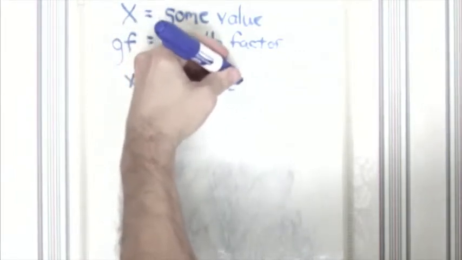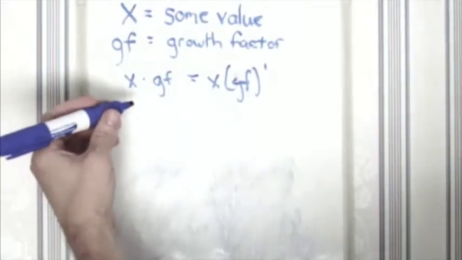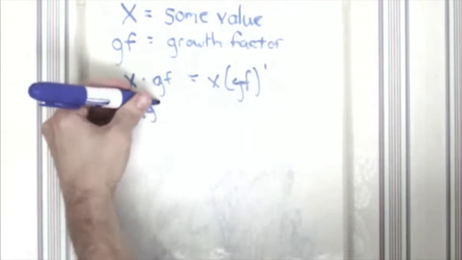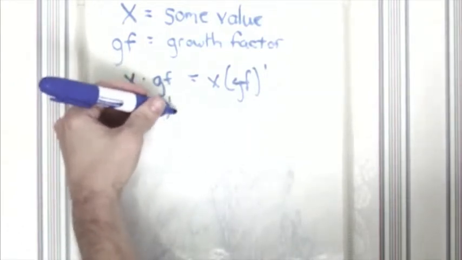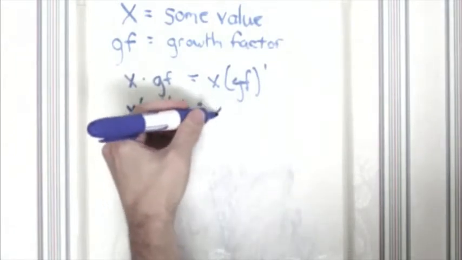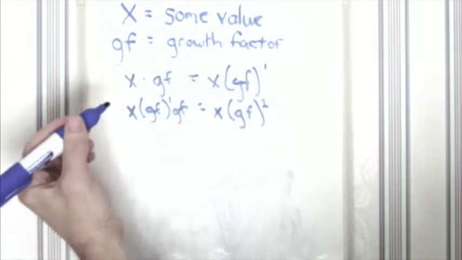What we'll discover is we'll come out with a particular pattern. So if we just continue this process, you'll see the pattern emerge. So we're multiplying by the growth factor again, and of course we come out with the growth factor being squared.